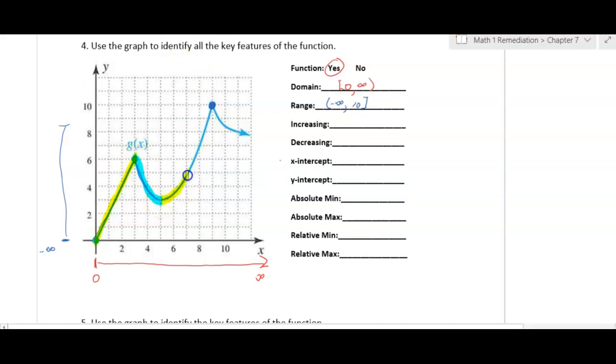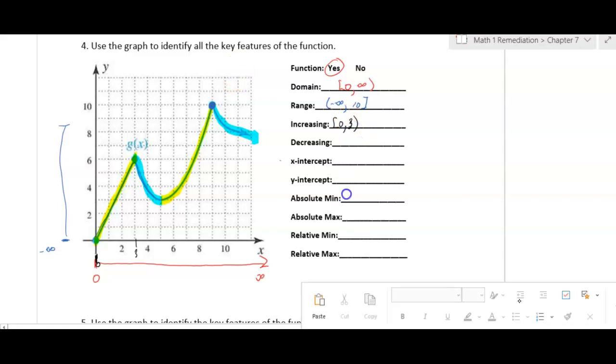Then it hits that turning point, starts to go up again, and then turns that corner and starts to go down again. So in this yellow, it starts increasing from an x value of 0, and it stops increasing at an x value of 3.